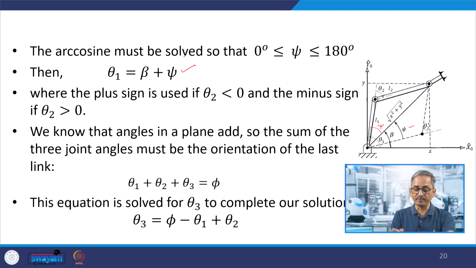The arc cosine must be solved for psi between 0 and 180 degrees, where the plus sign is used if theta 2 is less than 0, that is, theta 2 is negative, and you use the minus sign if theta 2 is greater than 0. So, this way we can get theta 1, and then if you know theta 1 and theta 2, I can get the value of theta 3 because I am given the final orientation.